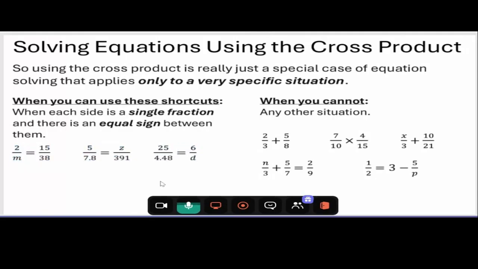Only in those situations on the left, not any other situation. A single fraction equal to another single fraction. Cross products save a ton of time. And I don't think I actually solve these, no. So multiplying the pair that doesn't have a variable in it and dividing by the other number would work on these 3 equations here.